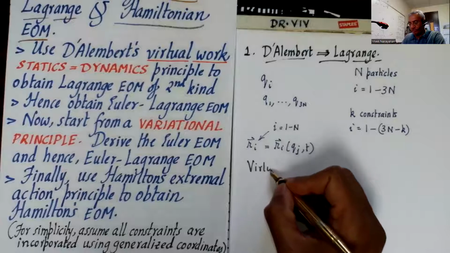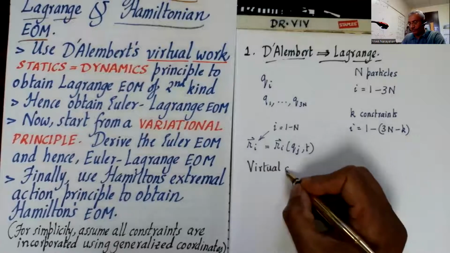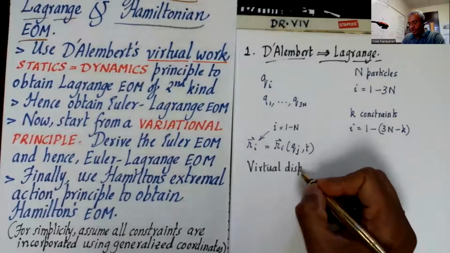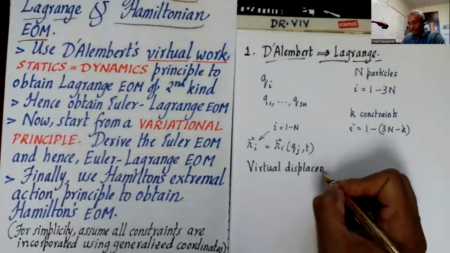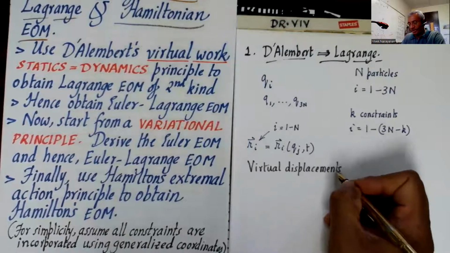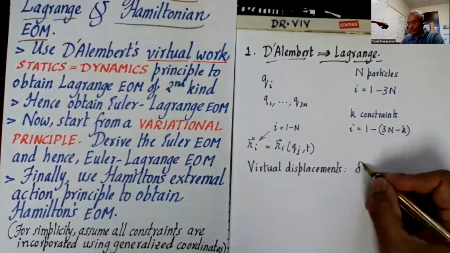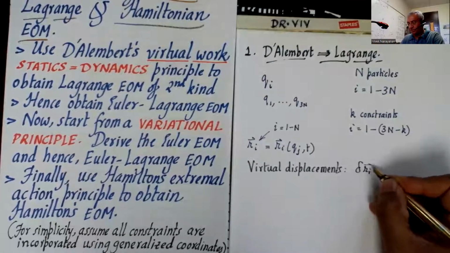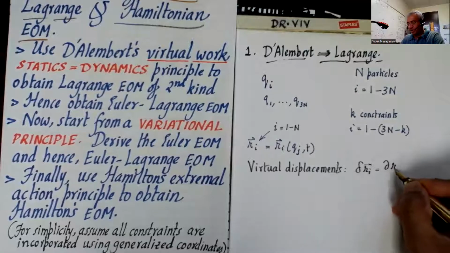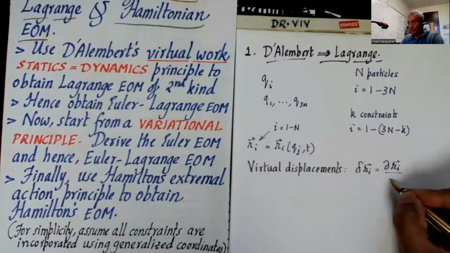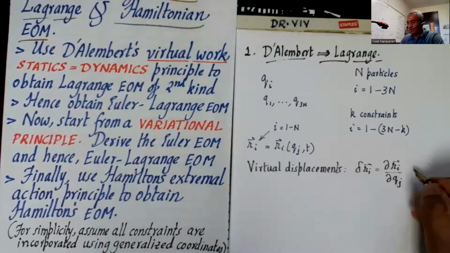Each of these n particles now suffers a virtual displacement. The word virtual should be thought of as something like imaginary. It's not really there. It's a virtual displacement. So delta r_i is del r_i over del q_j, delta q_j.